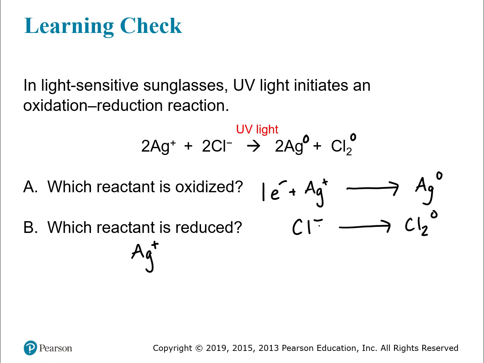To go from a negative charge, and we'll have 2 of these, to a 0 charge, it means that we must have gotten rid of some electrons along the way. We lost electrons. Remember, losing it means that it's on the product side. So that means the chloride ion is being oxidized.